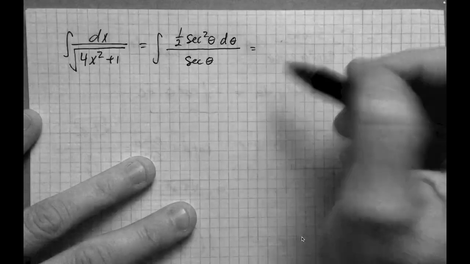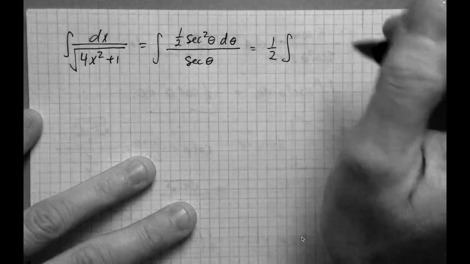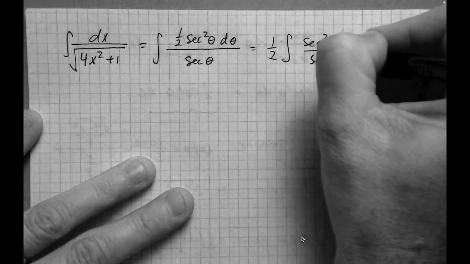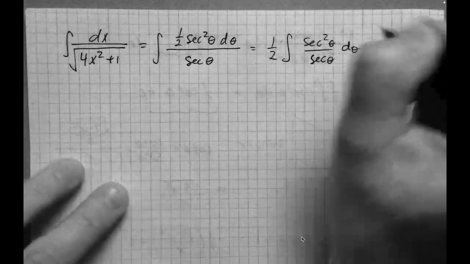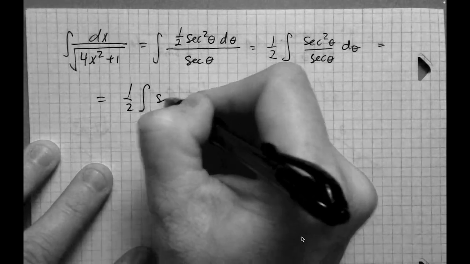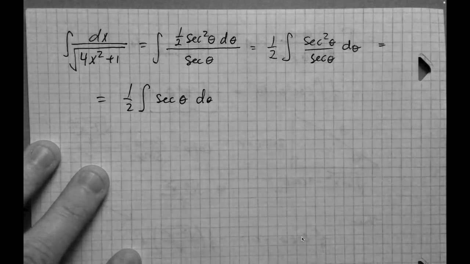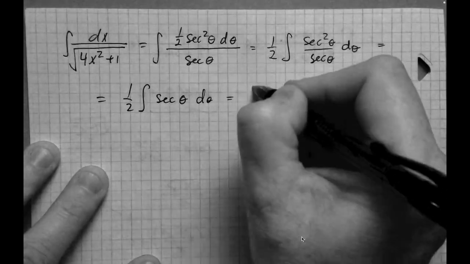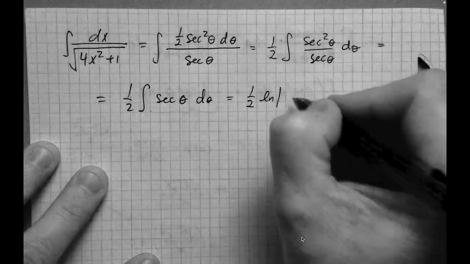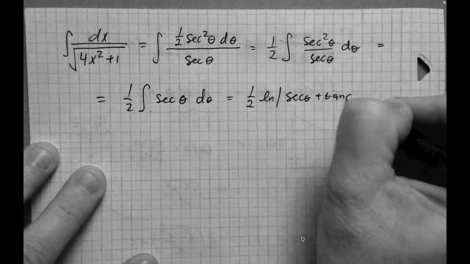Okay, and so we can do some canceling here. We get 1/2, and then secant squared theta over secant theta d theta. So of course we get 1/2 times the integral of secant theta d theta. That one we know how to deal with. That's 1/2 times the natural log of secant theta plus tangent theta.